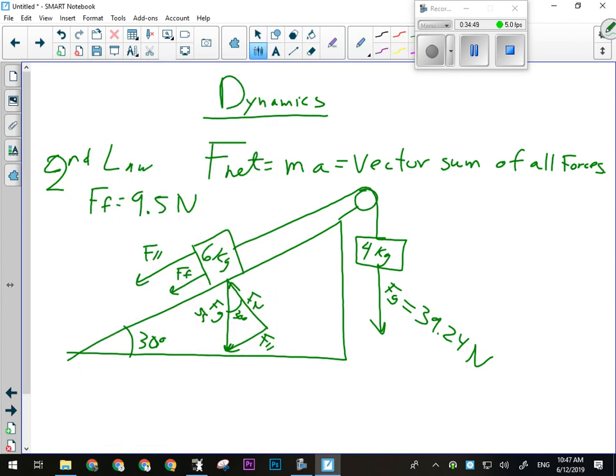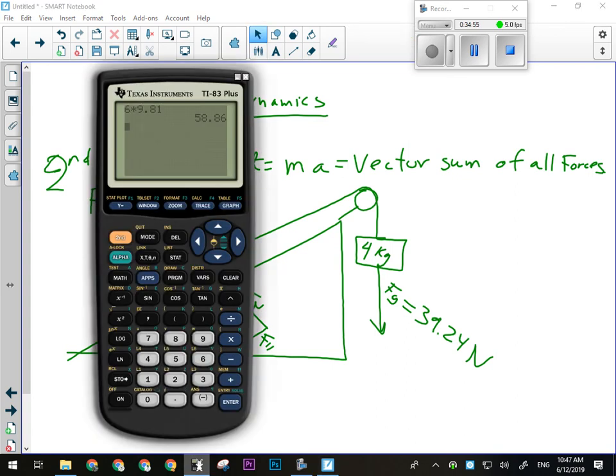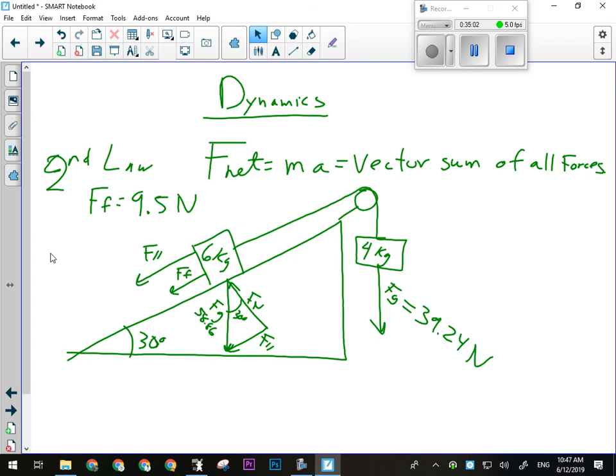So this side's 58.86. F parallel is the opposite side. So sine of 30 times 58.86 gives me 29.43. So this is 29.43.